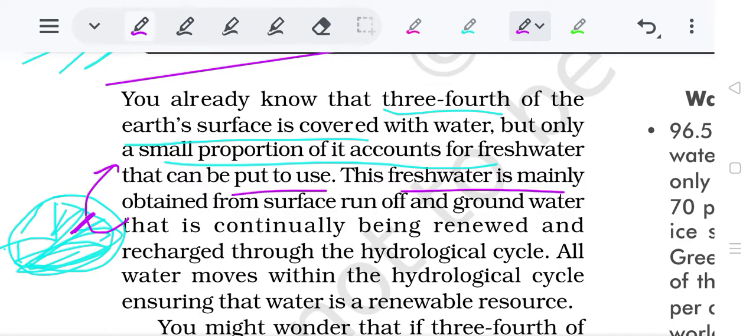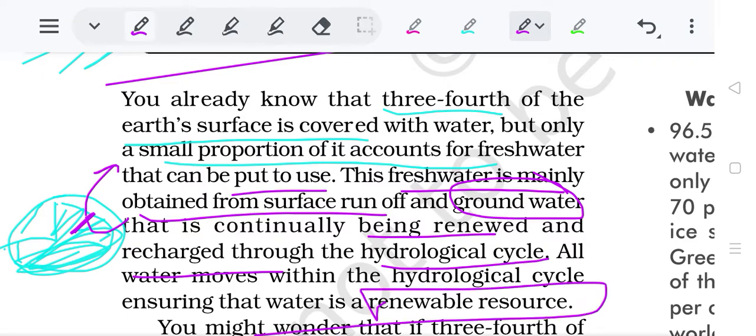The fresh water is mainly obtained from surface runoff like rivers and groundwater that is continuously being renewed and recharged through the hydrological cycle. All water moves within the hydrological cycle, ensuring that water is a renewable resource.